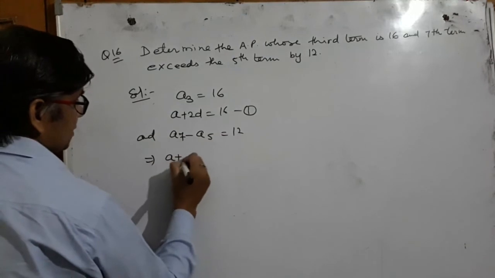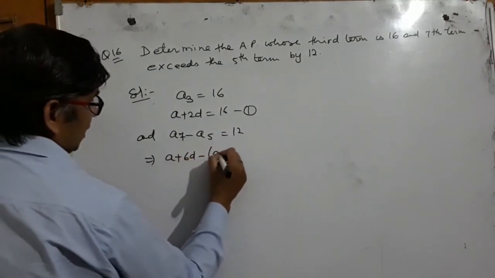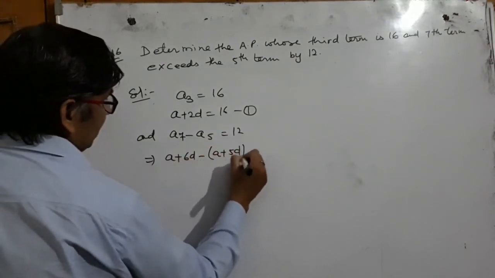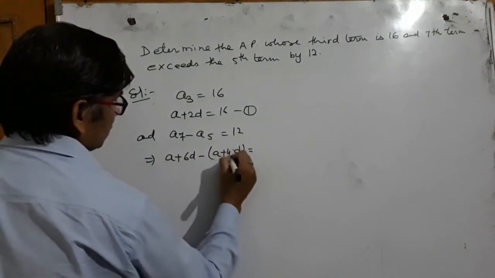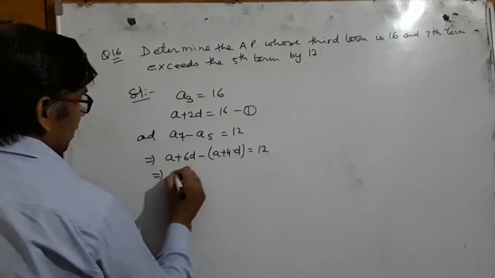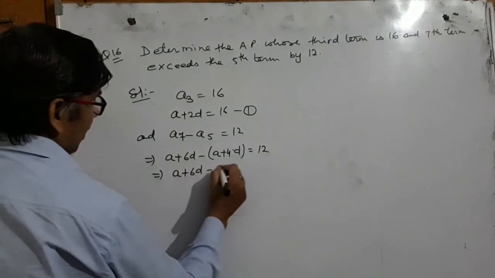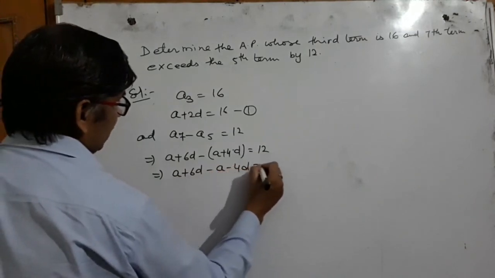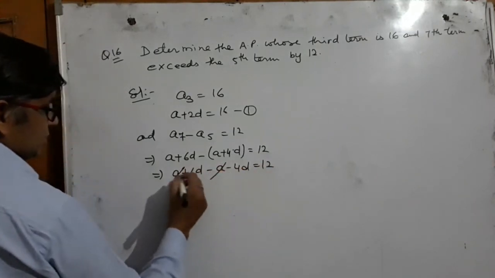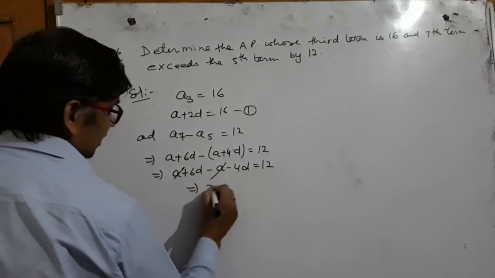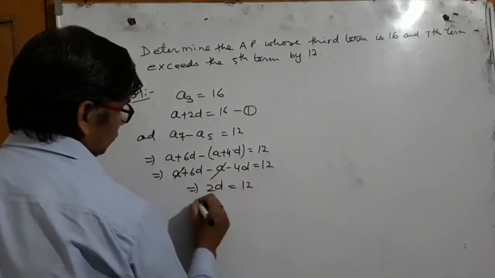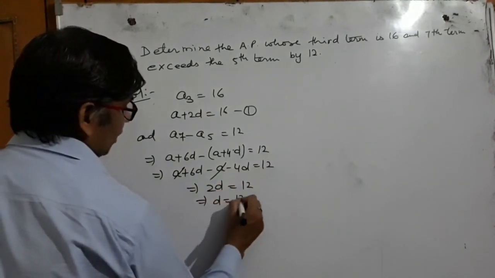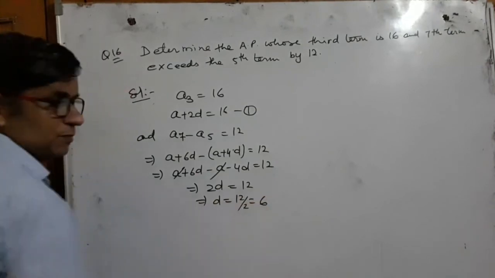A7 means A plus 6D minus A plus 4D equals to 12. A से A cancel, 6D में से 4D लेस करेंगे 2D, 2D equals to 12. So D equals to 12 upon 2. That is 6.